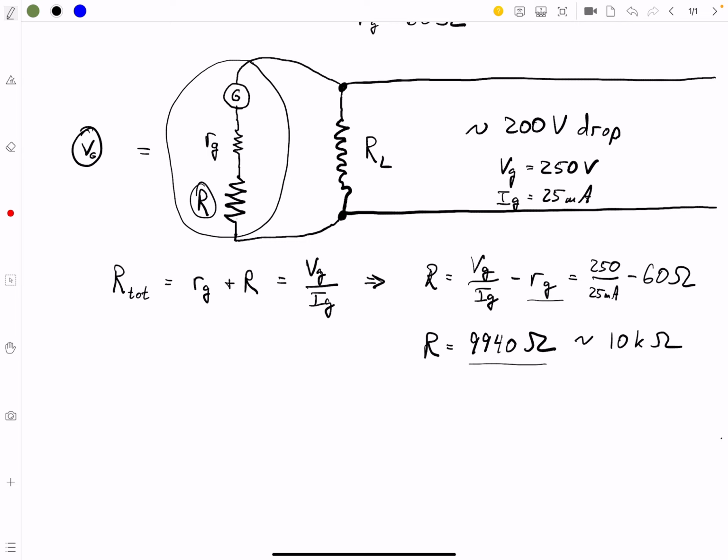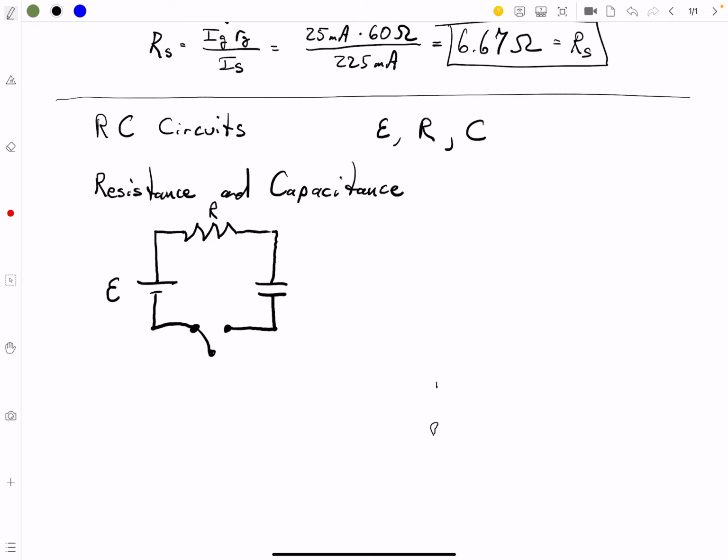All right, let's draw one. We've got our E. We've got a switch. We've got our capacitor. And we've got our sweet resistor right there. Okay. We're going to do R for resistance. We'll put a plus Q here and a minus Q there.